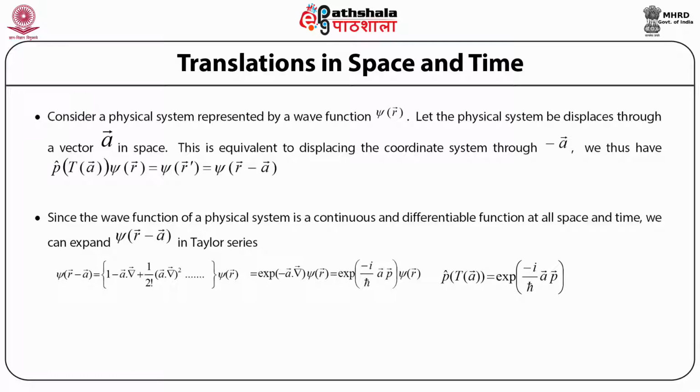So psi of r minus a is exponential of minus a dot del acting on psi of r, but del is related to the momentum, and this can be written as exponential of minus i by h cross a dot p acting on psi of r. Therefore, the symmetry operator of translation P T of a is nothing but exponential of minus i by h cross a dot p.